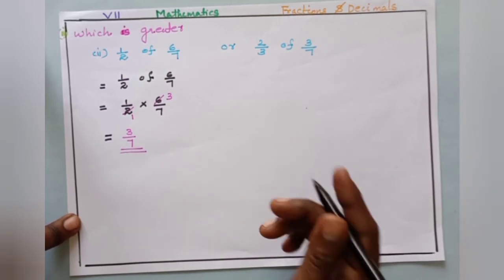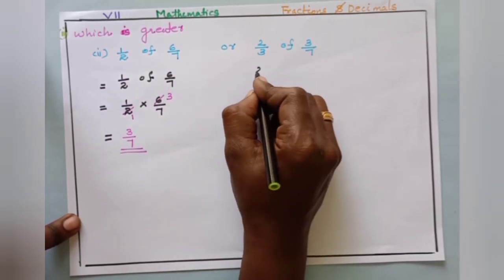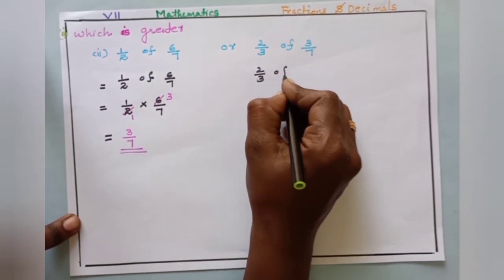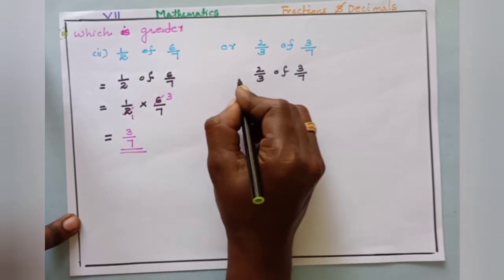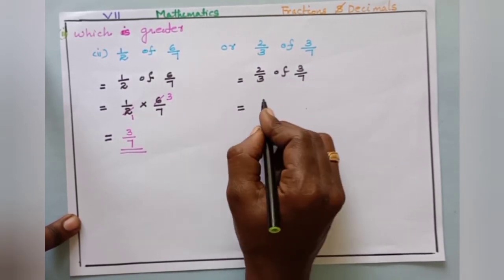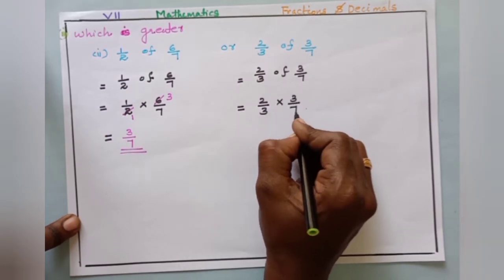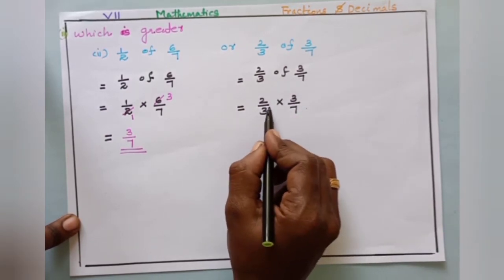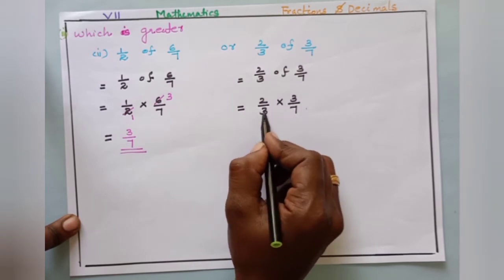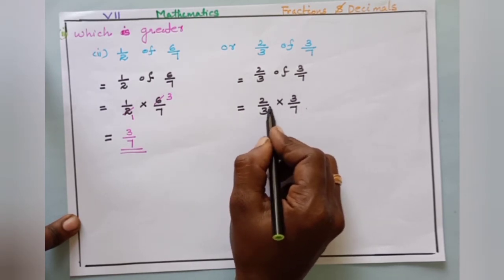Then find out this 2 by 3 of 3 by 7 equal 2 by 3 into 3 by 7. By cancellation, here numerator and denominator 1 3 is here.